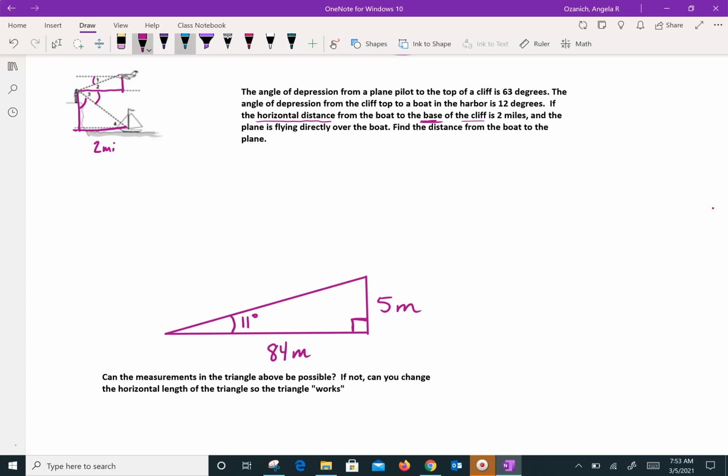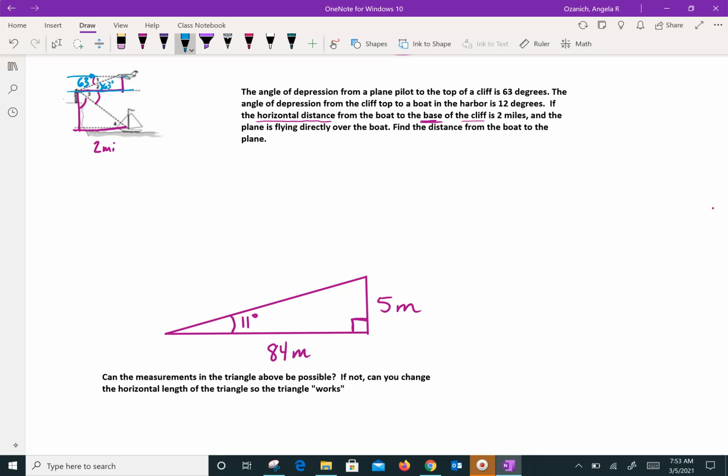This is what you need to know about angles of depression. We haven't worked with these a lot, but what ends up happening is this angle of depression from the plane to the top of the cliff is actually, and it isn't to scale because I changed it a little bit, 63 degrees. Because we have parallel lines cut by a transversal, that means that this angle here at angle 2 is 63 degrees, right?